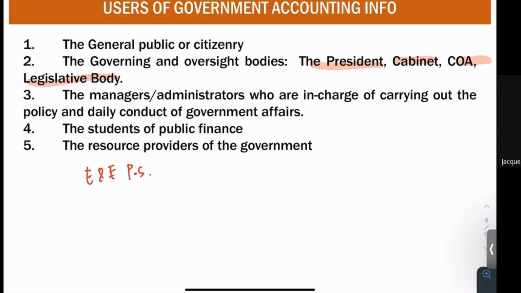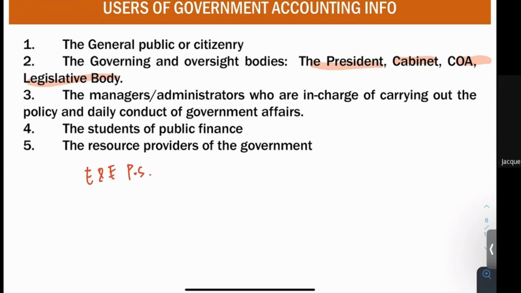So based on the financial info, they will look into how they will improve their public service, or the service they will provide to the people. Furthermore, they are concerned with their performance. So based on that financial info, they will look into their performance. The financial info will guide them in the performance or future performance of their duties.